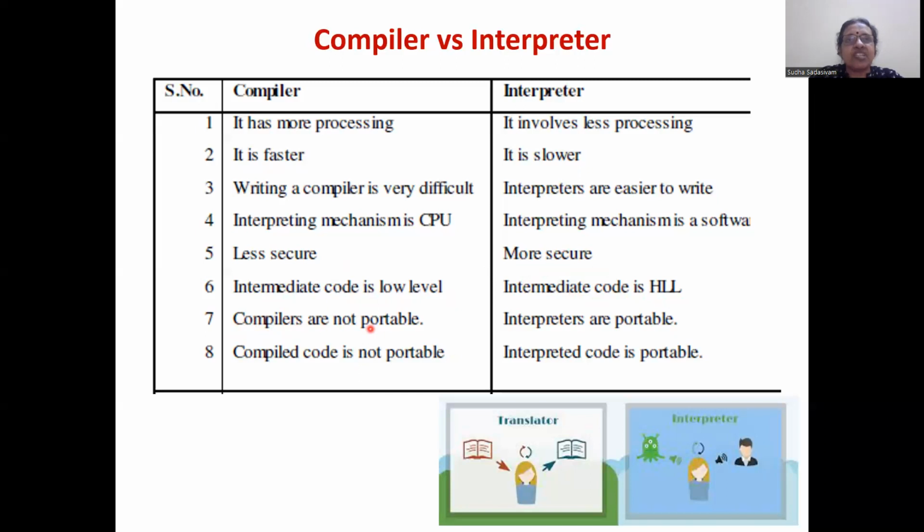Compilers have to be designed for each and every target machine, whereas interpreters are portable because they produce output in the form of an intermediate high-level language which can be further processed. For example, in Java, we have the bytecode that is generated. This bytecode is then executed. The compiled code is not portable in the compiler, whereas in the interpreter it is portable. This is how the compilers and interpreters differ.